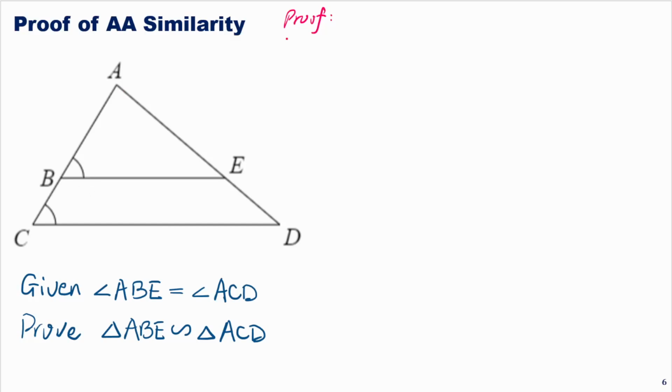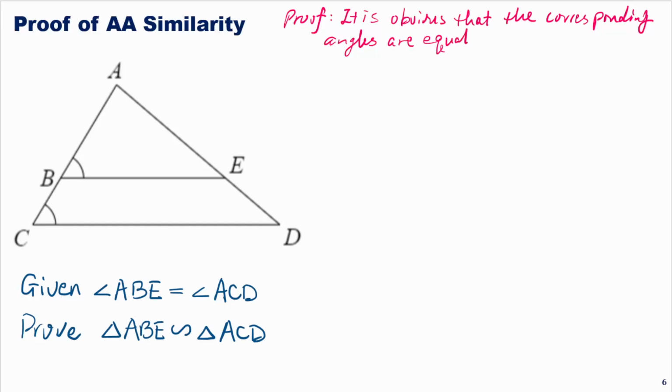So the corresponding angles are equal, which means angle BAE equals angle CAD, angle ABE equals angle ACD, and also angle AEB equals angle ADC.